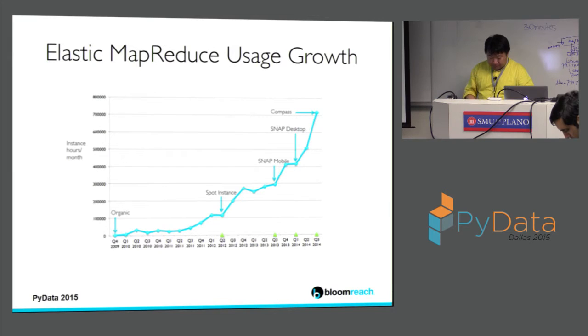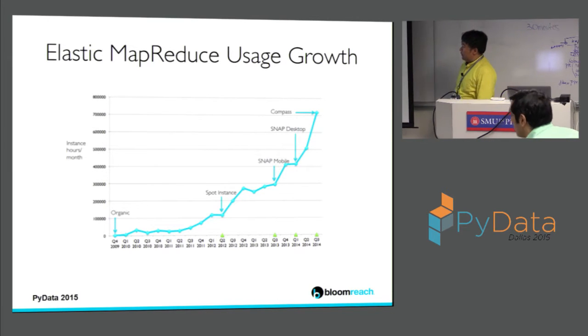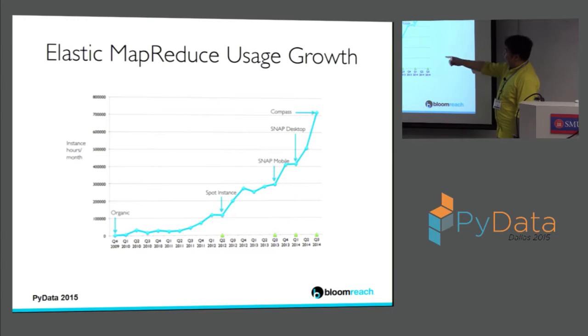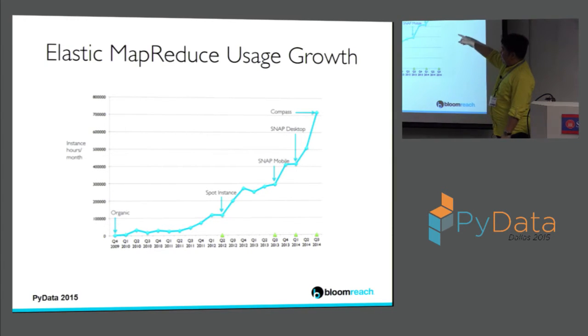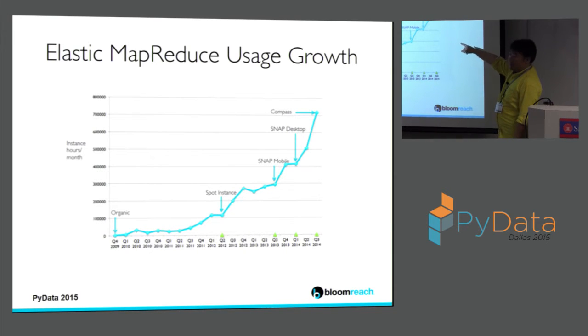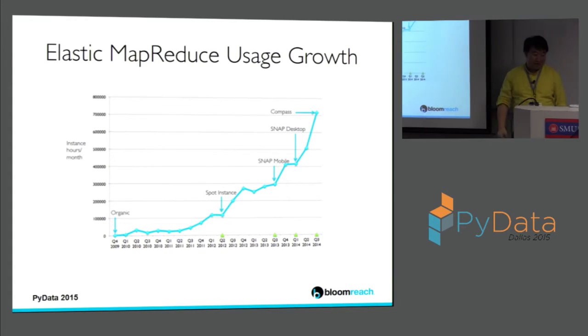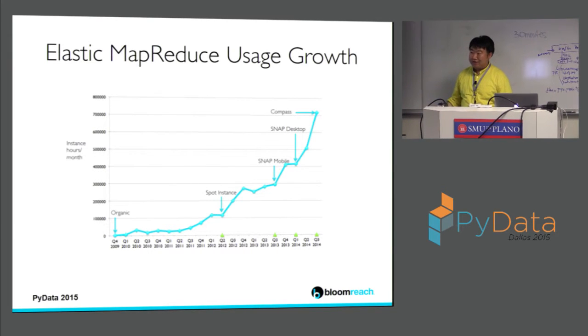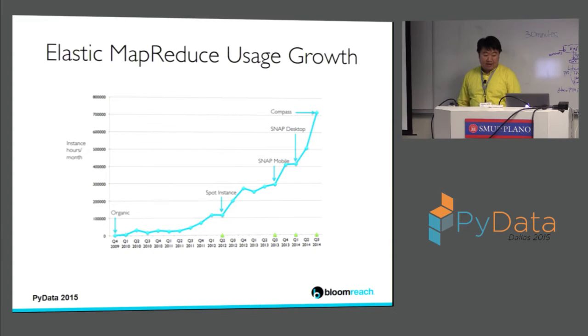This graph shows you the challenge we face, because we have several products. As you can see, our instance hours for Elastic MapReduce grow really fast, exponentially. Recently it reached 700,000 hours, which translates to several thousand machines running 24/7.